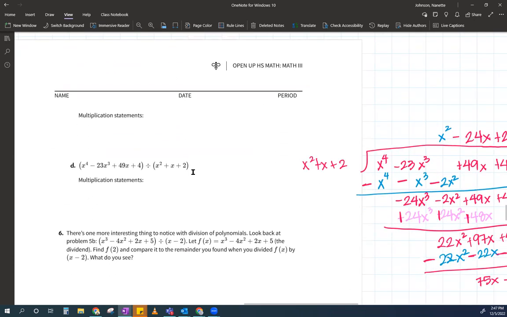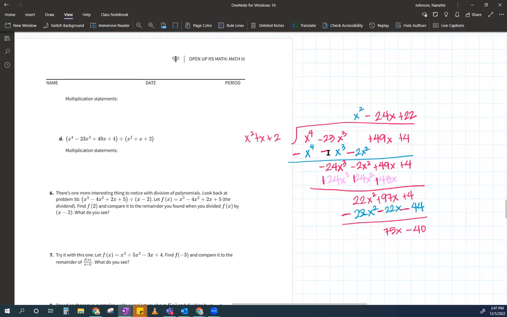So here are my 2 multiplication statements. Let me make this a little bit smaller so you can see everything at the same time. The first one is going to be this times this. So I'm going to write out x squared plus x plus 2 times, so the divisor times the answer, x squared minus 24x plus 22.